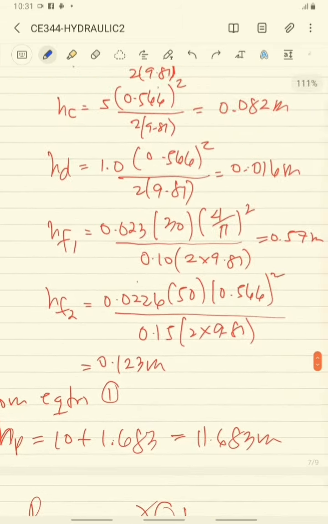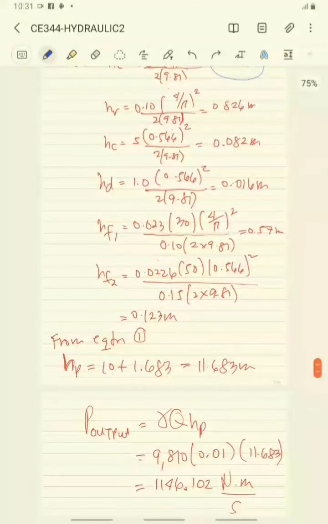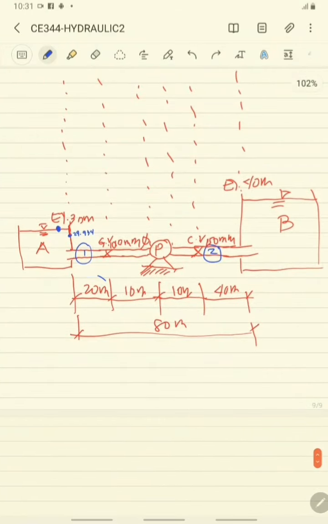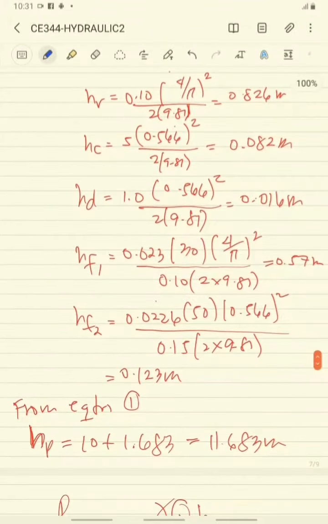We don't have the head loss of pipe 1 yet, but we can get it because the length of pipe 1 before the valve is only 20 meters.